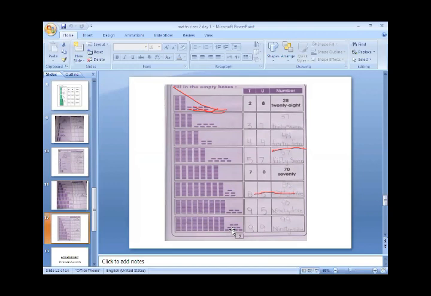Count how many units are there. 1, 2, 3, 4, 5, 6, 7, 8, 9. So you will write 9 at the units place. 9 tens and 9 units makes the number 99. So you will write 99 in the number column. You will also write the spelling of 99. NINETY, NINE.